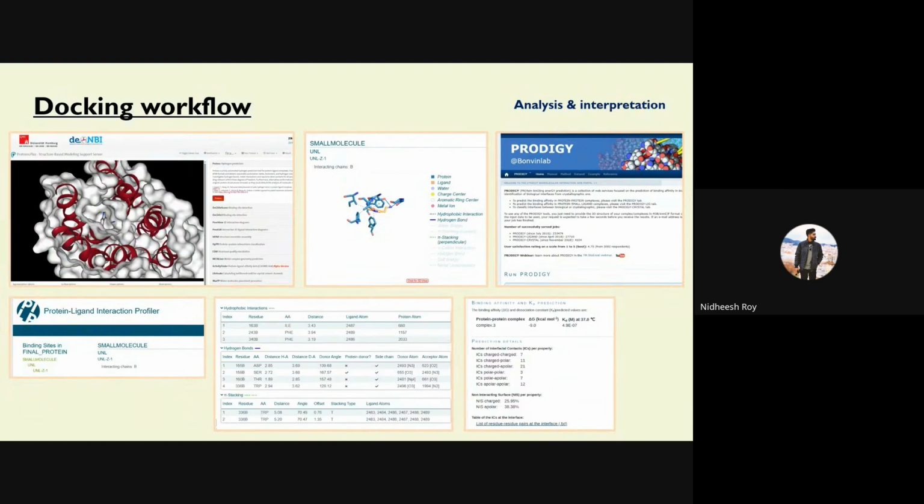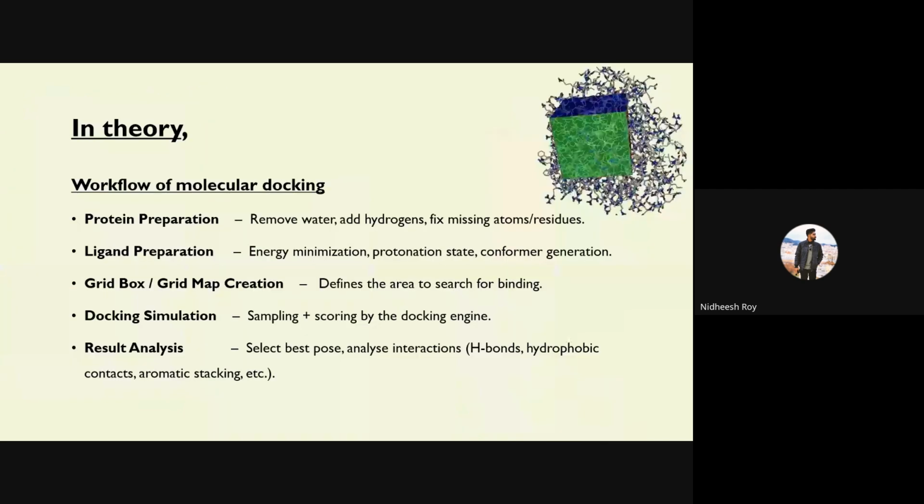To summarize this docking workflow set of slides, analysis and interpretation transform docking output into biologically actionable insights, bridging computational predictions with real-world molecular behavior. To summarize all, the workflow of molecular docking follows these 5 steps. It begins with the selection of a biologically relevant protein target, followed by identification of the appropriate binding site or cavity.